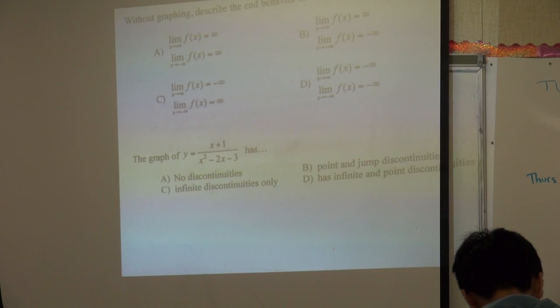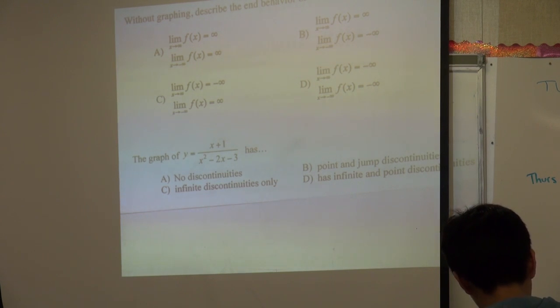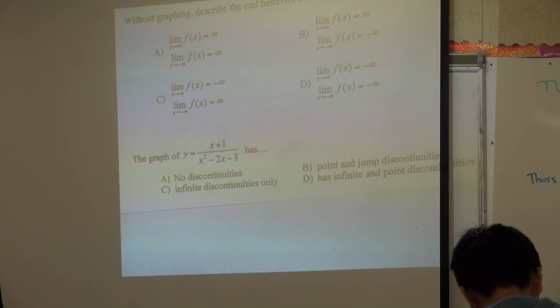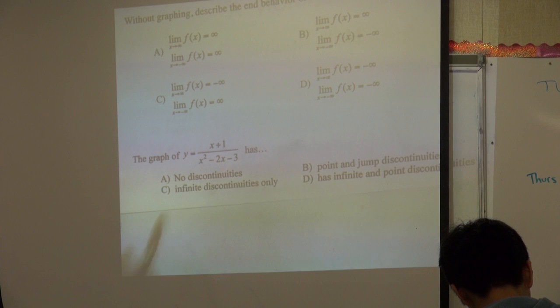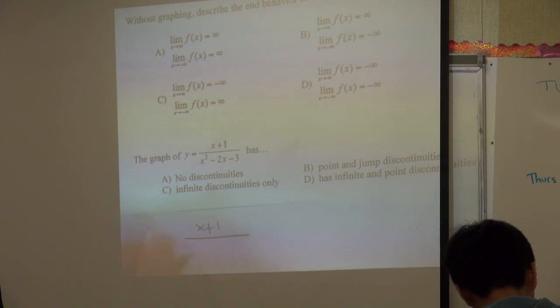Question number 3 asks what kind of discontinuities we see in this function. Now, just by knowing that this unit is about rational functions having discontinuities, and you see a rational function, you know the answer is not A, no discontinuities. It requires you to factor the denominator.